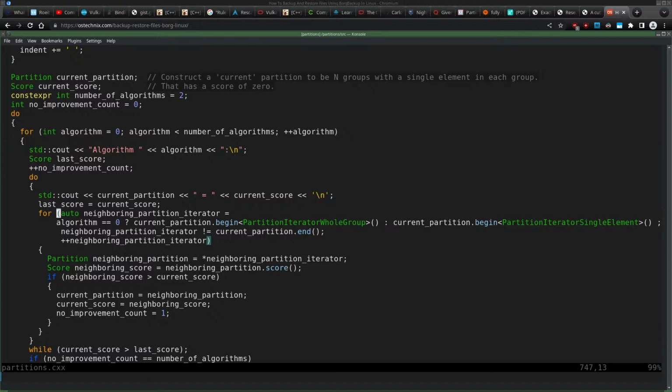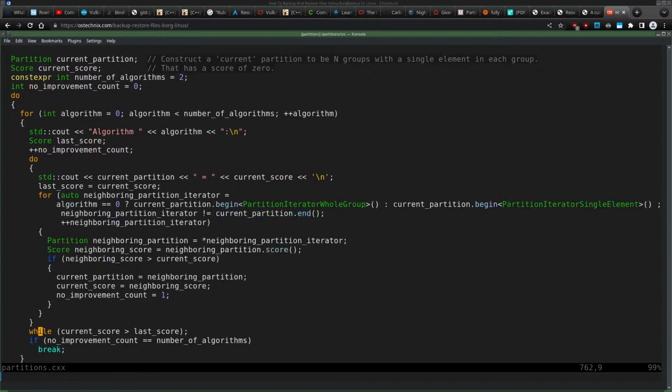But this loop is simply running over all neighboring partitions, trying to find one that has an improvement. If it finds one, then it's actually... Yeah, if it found an improvement, it's going to run the same algorithm again.